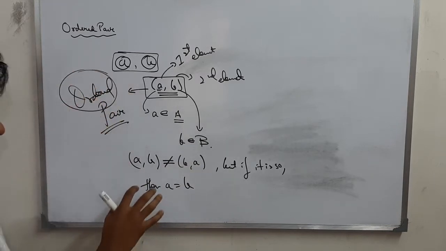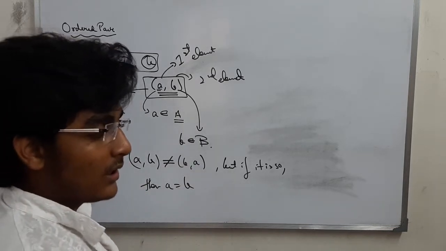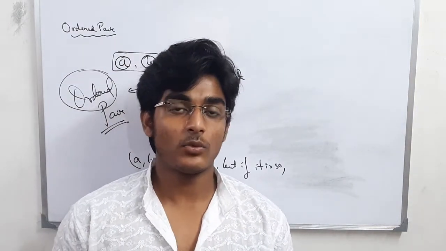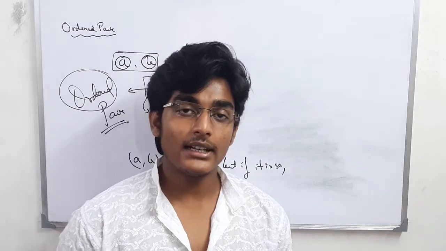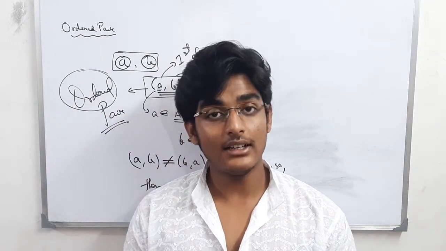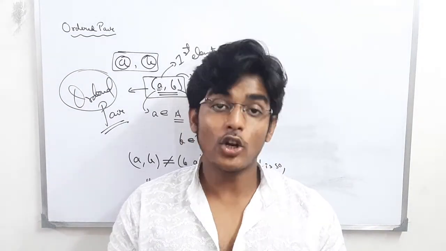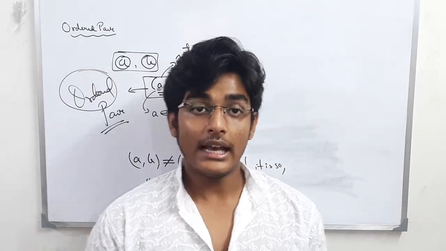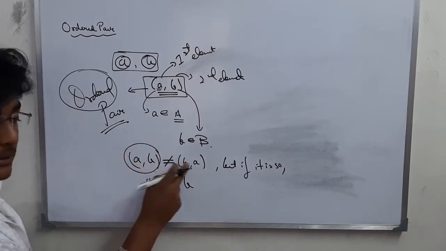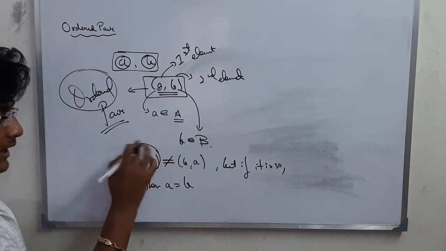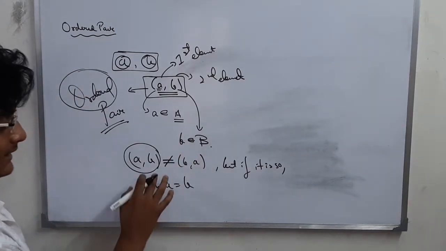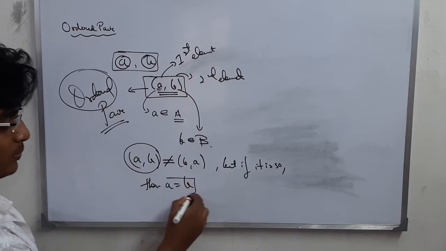Ordered means, like in computer programming you are often case sensitive. What does it mean? It means that the computer will observe an uppercase letter different from its lowercase letter. Similarly here, though they are having the same elements, still this order is considered to be a different setup than this order. And they can only be equal if A equals B.